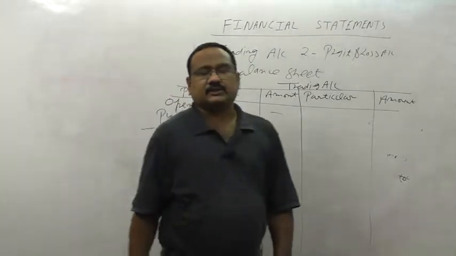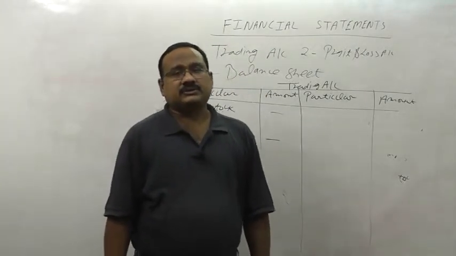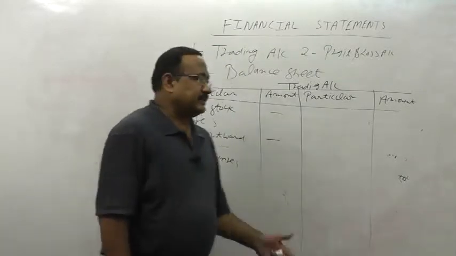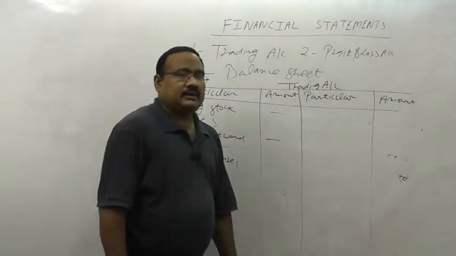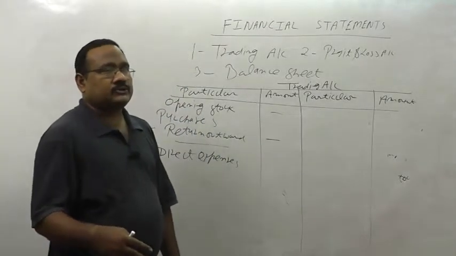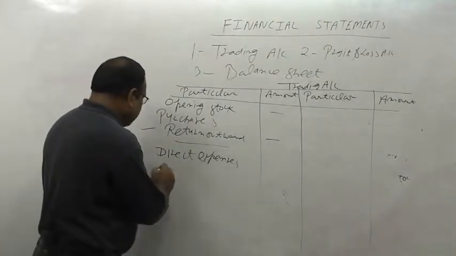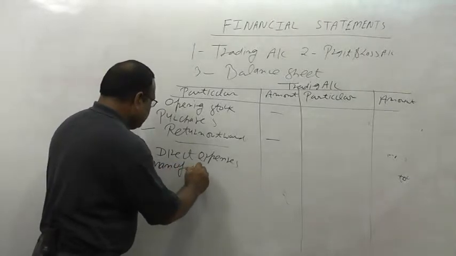Direct expenses are those expenses which are incurred in manufacturing of goods and services. Direct expenses means the expenses incurred to produce the goods, like manufacturing expenses.